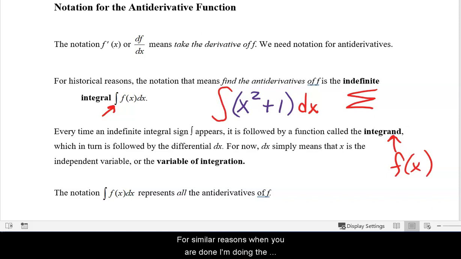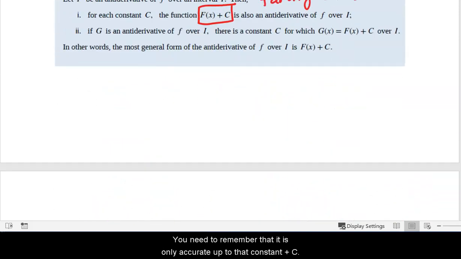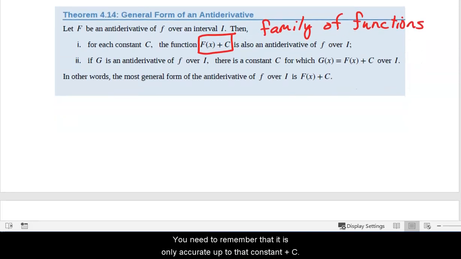For similar reasons, when you are done undoing the derivative and you have your antiderivative function, you need to remember that it is only accurate up to that constant plus c. I will also take off 30% of the points if you don't include the plus c, which means on any integration, if you leave off the plus c and the dx, you're starting with a 50% for that problem.